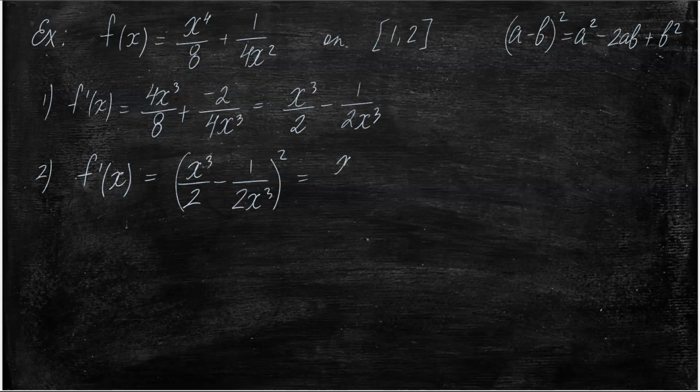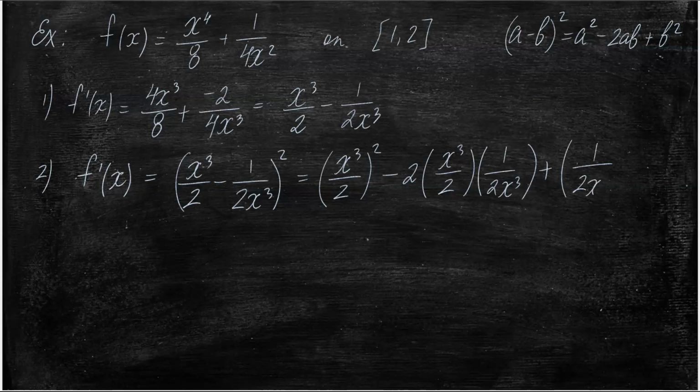So this will be x cubed over 2 squared minus 2 times the product, and plus we're going to have this squared. And now we're going to notice something very interesting. In the middle we end up with just 1/2. So the whole middle part just equals 1/2.